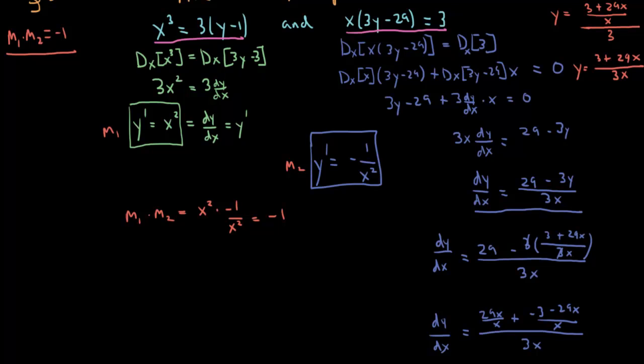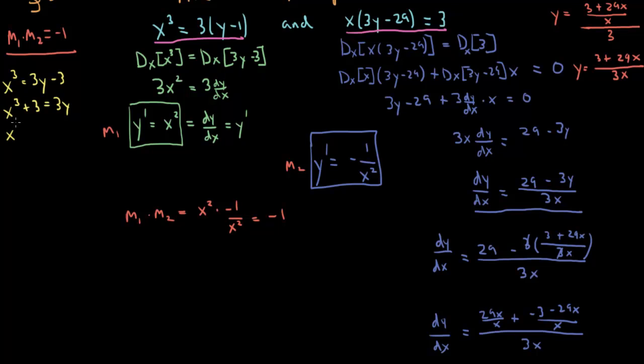If we solve for y, we distribute our y minus 1 here, so we would have x cubed equals 3y minus 3. We would add 3 to both sides and get x cubed plus 3 equals 3y.